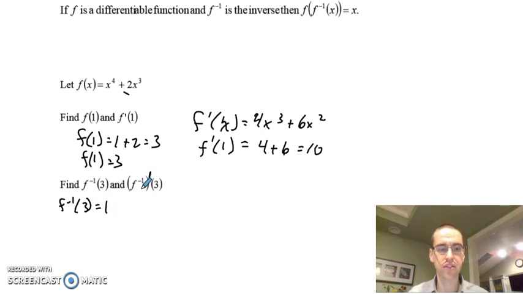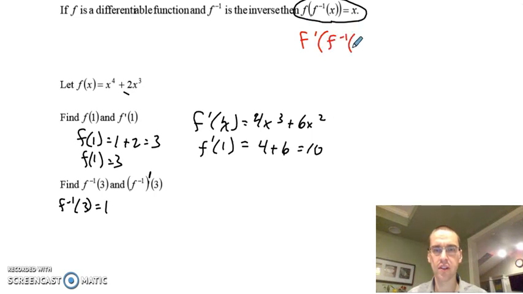So now it says find the derivative of the inverse of 3. Well, we've got to figure out what this derivative is. So let's take a minute here and find the derivative of this. What we're going to do here is find the derivative of the big function. That's f prime of f inverse of x, multiplied by the derivative of the inside.